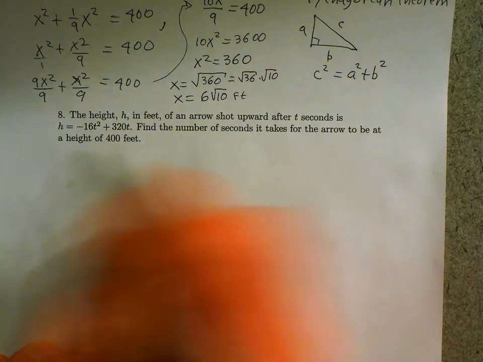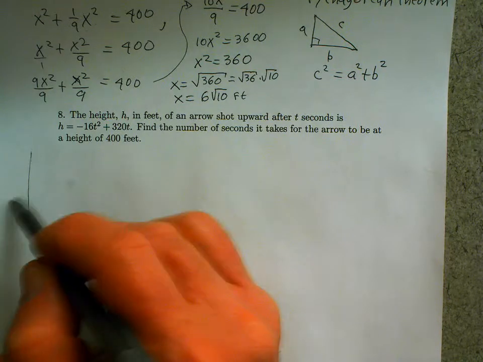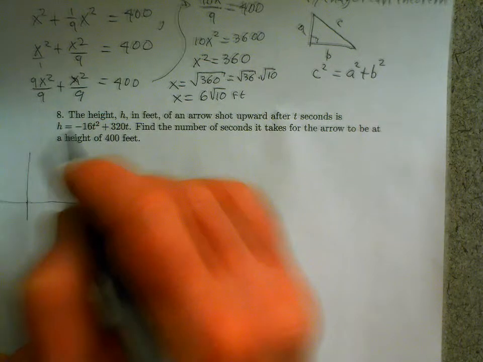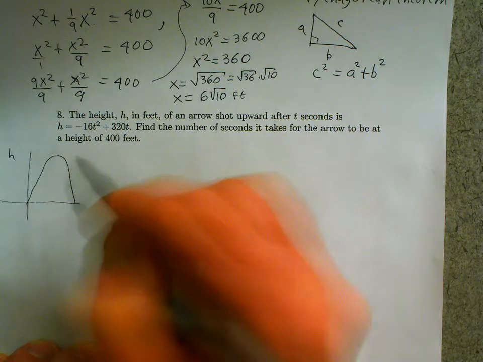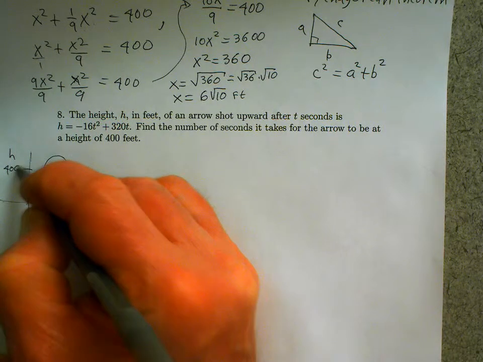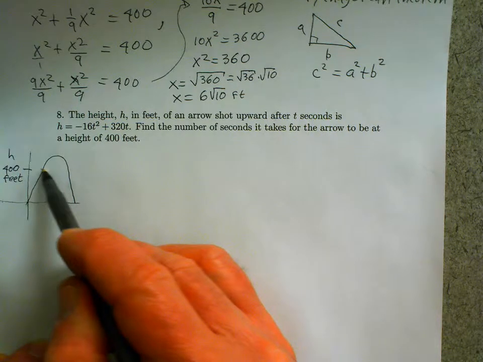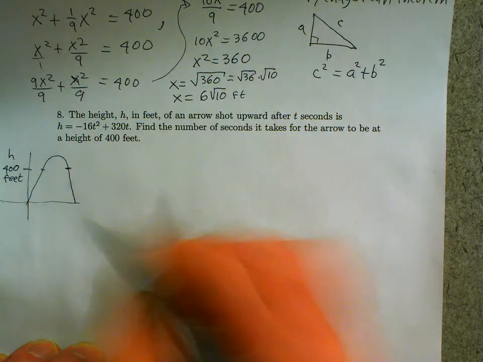So that's assuming that 400 is in the range. If the arrow is shot upwards and then comes back down, then on the way up it is at 400 feet, and then also on the way down.